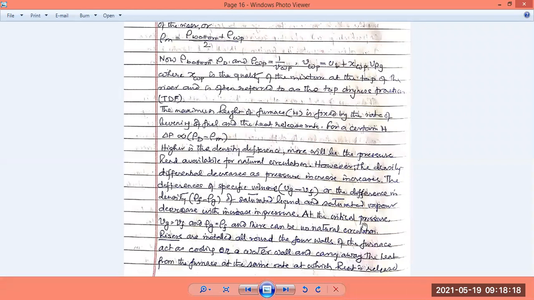Now at the critical pressure, the specific volume of gas is equal to the specific volume of the fluid, and the density of gas is equal to the density of the fluid, so there can be no natural circulation at all.